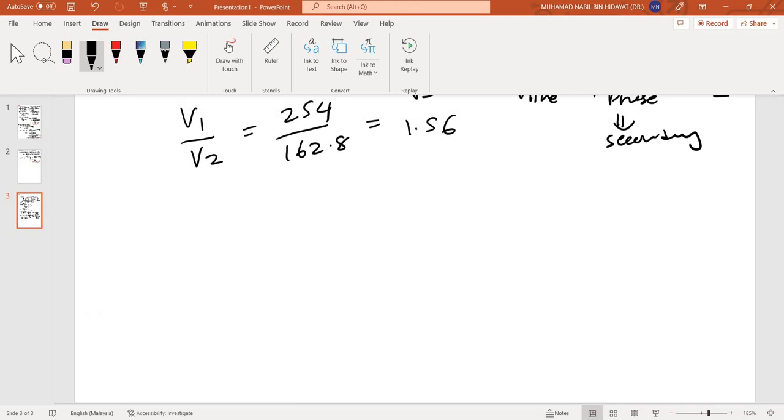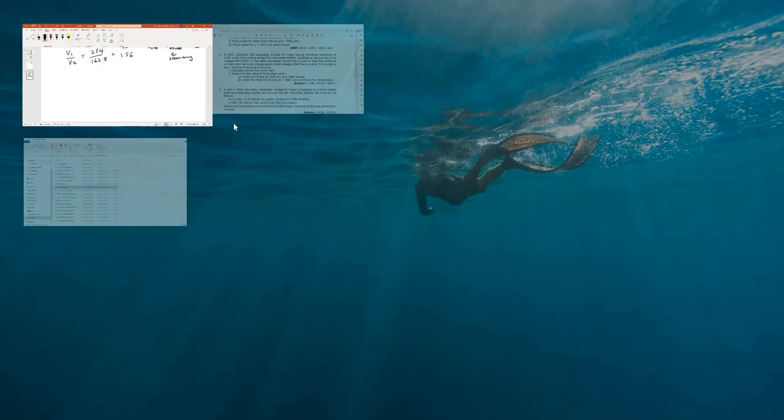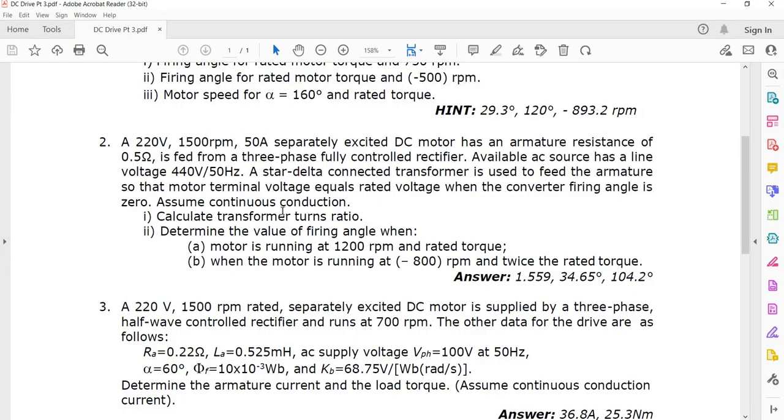And question number 2 is on the firing angle, A and B. Determine the value of firing angle when A, the motor is running at 1200 RPM and at rated torque, and B, when the motor is running at minus 800 RPM and twice the rated torque.